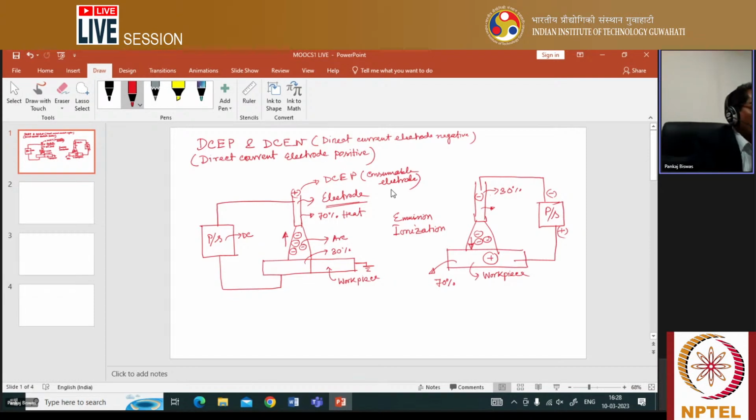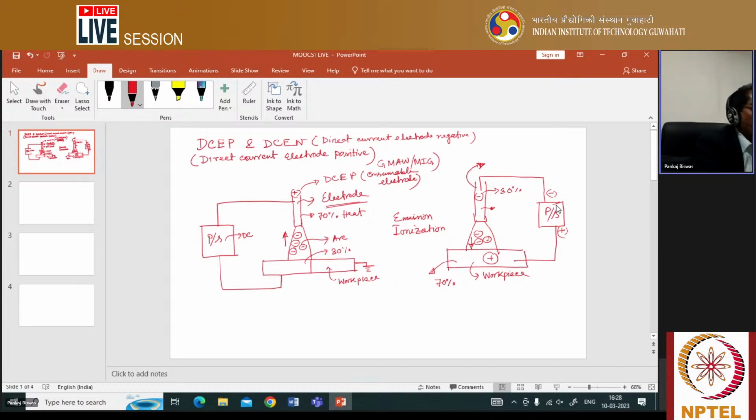But for non-consumable types of electrode like TIG welding, this is what generally happens. A consumable electrode you can say is GMAW, or MIG welding, metal inert gas welding.